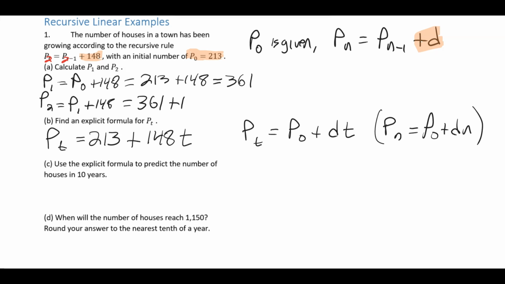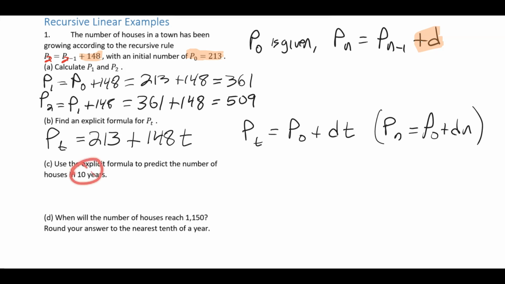We add 148 to that, we get 509. So we are able to use the recursive definition to find these P sub 1 and P sub 2 terms one step at a time. The recursive definition is one step at a time. You can't jump straight to the 10 years.